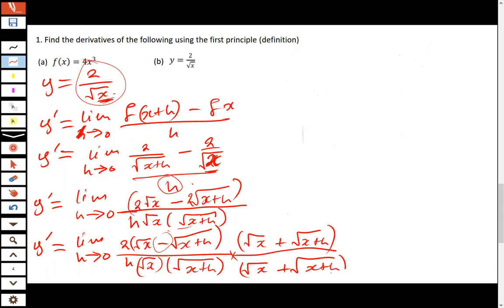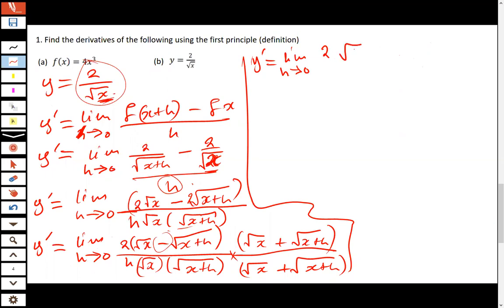So when you multiply the numerator there, it's just the same as having the limit as h approaches 0 of, we have 2, and then the first one, this root x times root x, can also be written as the root of x squared.